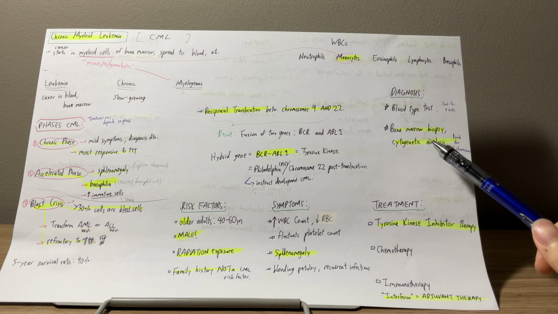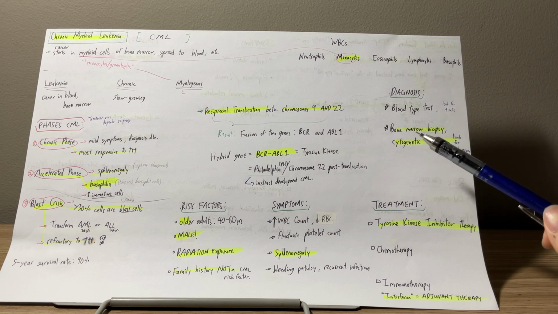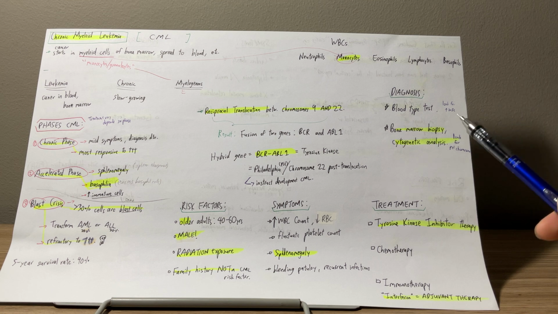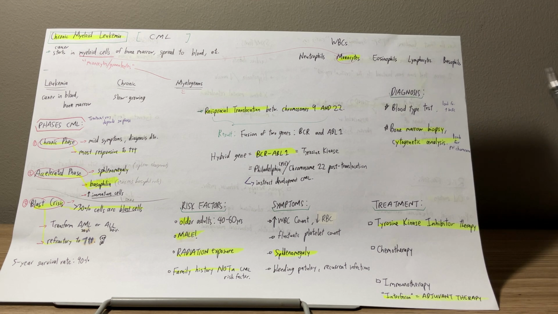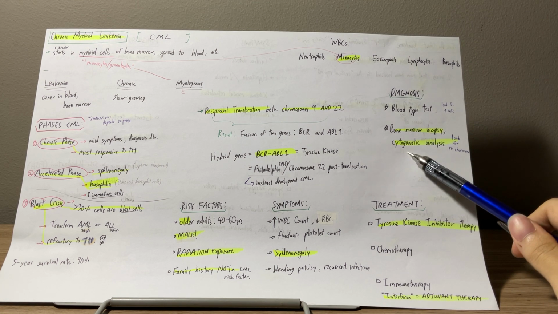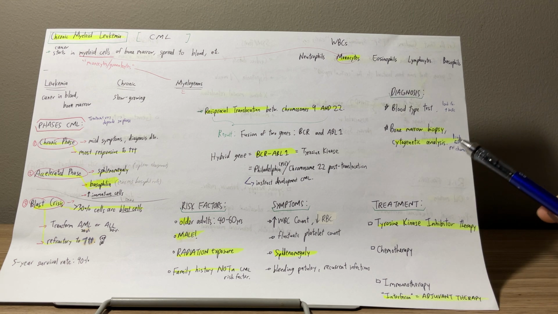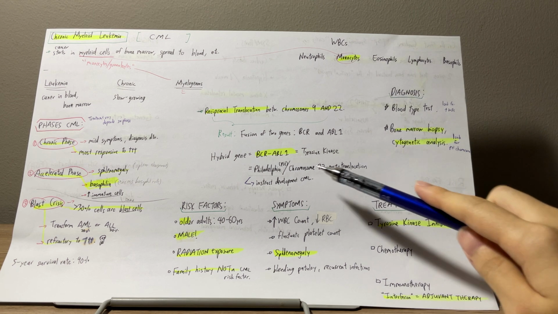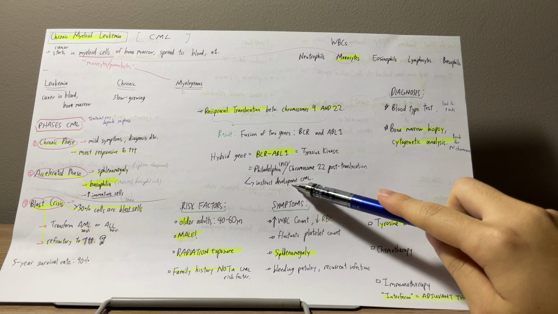And also it helps to have a bone marrow biopsy, basically taking a tissue sample from your bone marrow and seeing if it is malignant or what's the other word? Benign. I think that's what you do when analyzing a biopsy in general. And yes, cytogenetic analysis, you're looking for the Philadelphia chromosome, the one that instructs the development of CML.